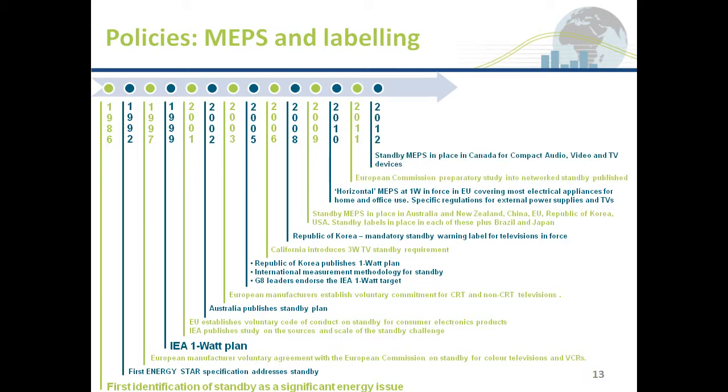And so that summarizes the different policies in place around the world, and more information on these policies is given in the benchmarking report, which you can find online, and that's signposted at the end of this presentation.